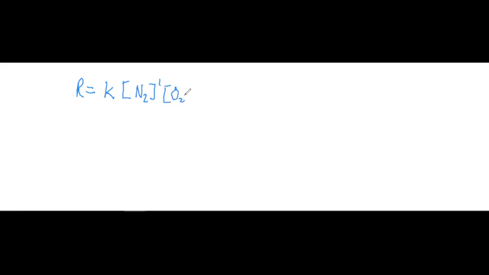Now inserting the proper values, we can insert our values from any of the experimental runs and basically solve for K. So we had 701 molar per second as the rate. K is what we're trying to find.